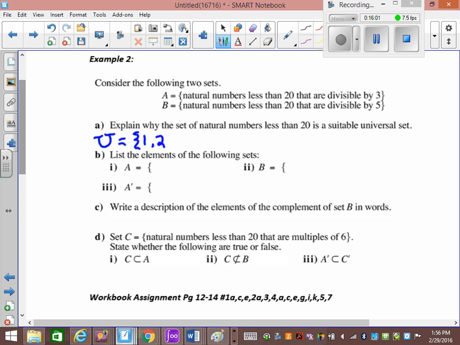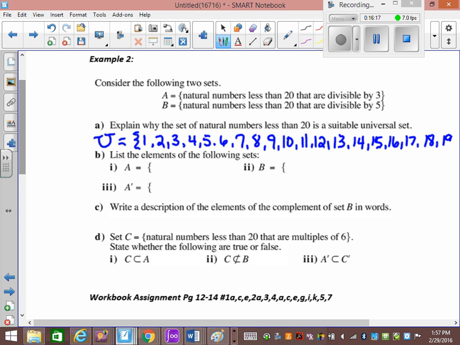So 1, 2, 3, 4, 5, 6, 7, 8, 9, 10, 11, 12, 13, 14, 15, 16, 17, 18, 19. Yay, we ran out of room. And it says less than 20, right? So I can't include 20. If it said less than or equal to 20, then I would include 20.